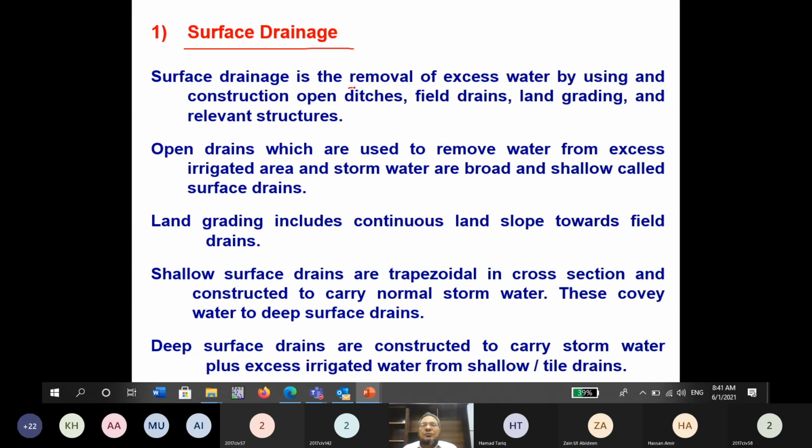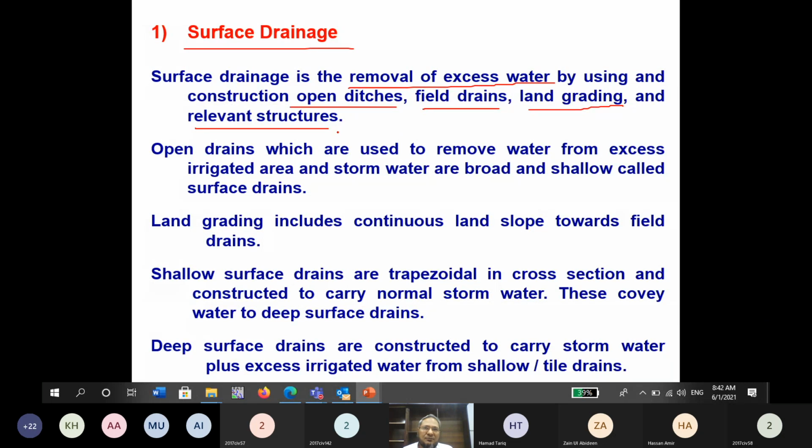It is required for the removal of excess water by the construction of open ditches, open drains, which are called field drains, and also by land grading, giving some slope towards those ditches and relevant structures. So all this is called the surface drainage.